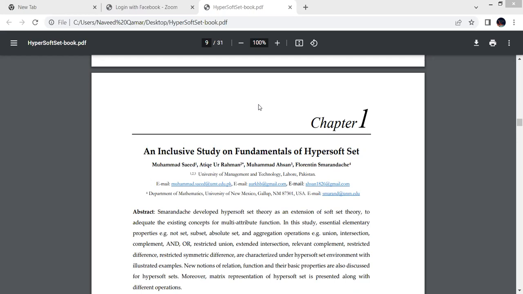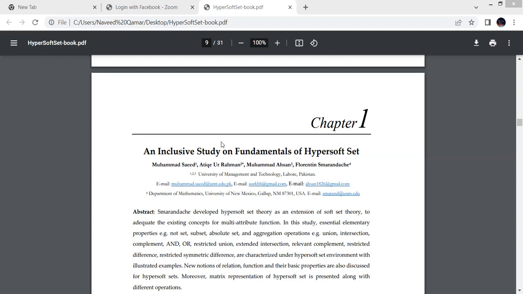After that we had discussed hypersoft set. Hypersoft set was developed by Florentin. So in our previous lecture, we had discussed hypersoft set, then crisp hypersoft set, fuzzy hypersoft set, then intuitionistic fuzzy hypersoft set. After that, neutrosophic hypersoft set.